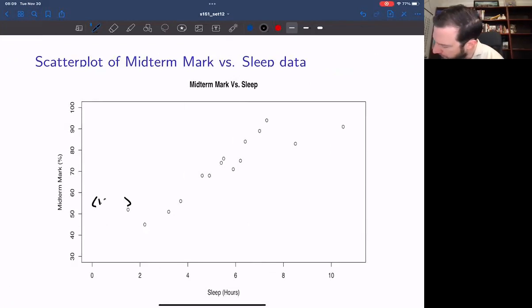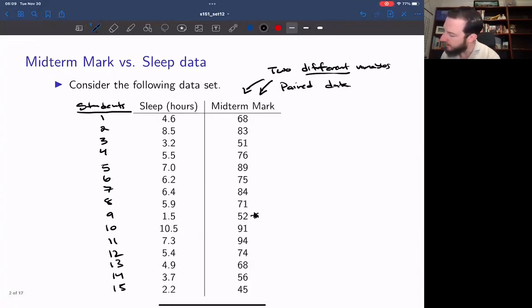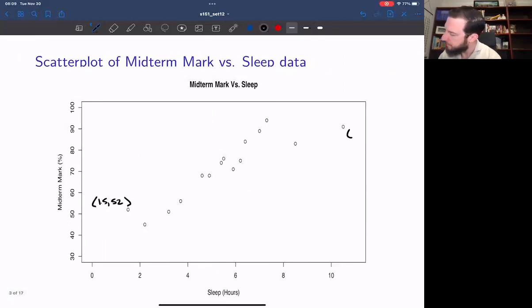So this would be (1.5, 52). Each point on the plot is just a coordinate based off of one of the observations in the data set. So for example, the highest point here is a student that slept 10.5 hours and had a score of 91. And every other point on the scatter plot can be found in the same way.